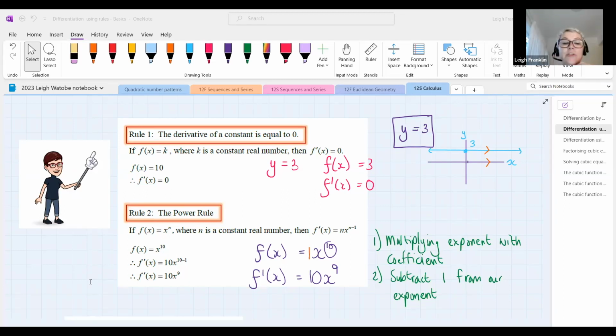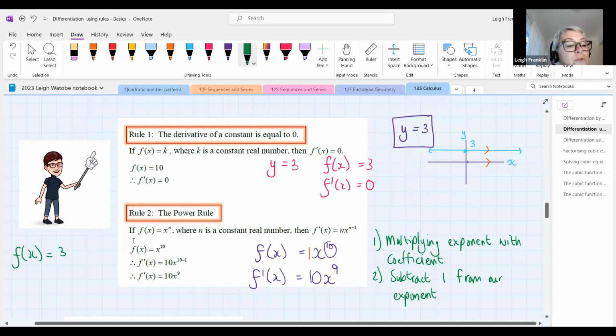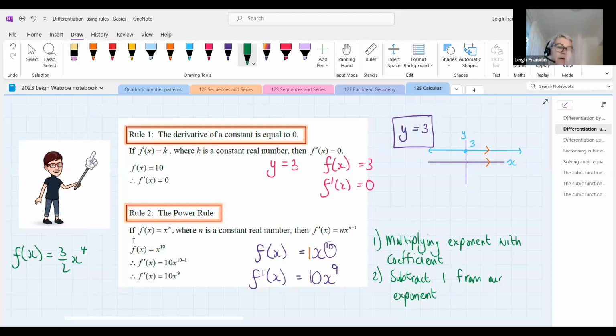No, so the number in front of the x can be anything. For example, let's say I get given f of x equals 3 over 2 x to the power of 4. I'm going to do this as an example with you now. I can see that my function statement, f of x, is written as sign, number, variable, so I'm ready to apply my power rule to this term. I'm going to take the derivative and multiply 4 with 3 over 2.